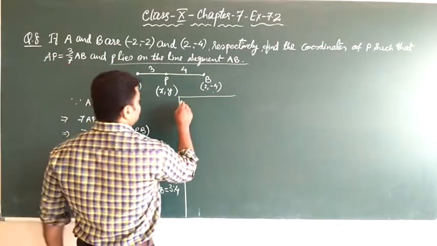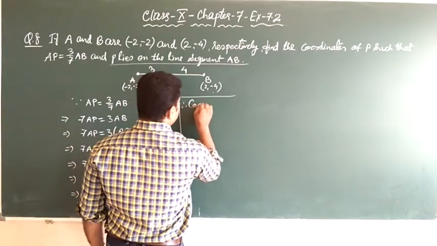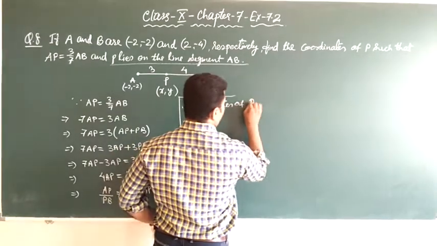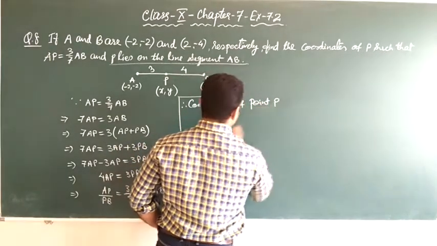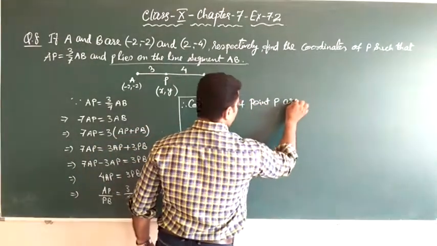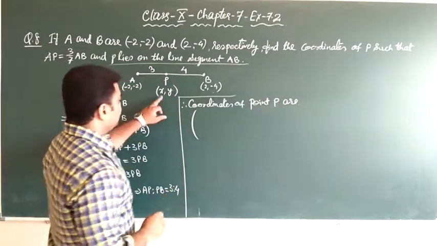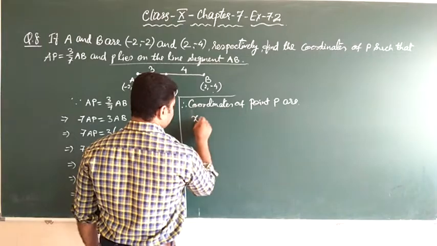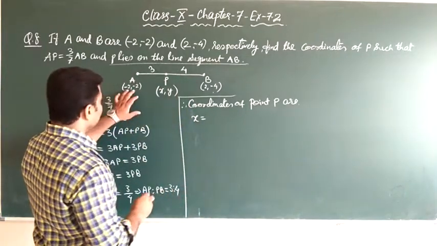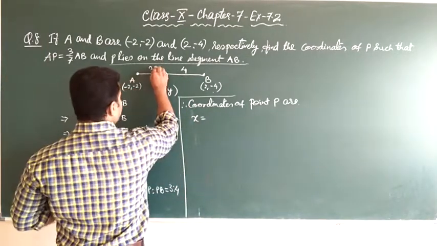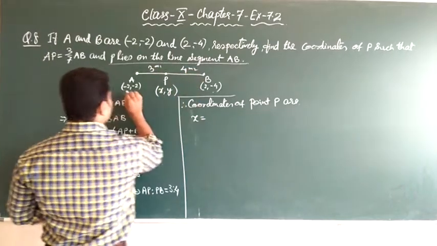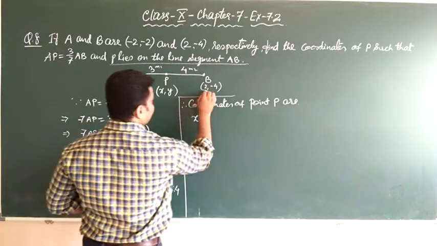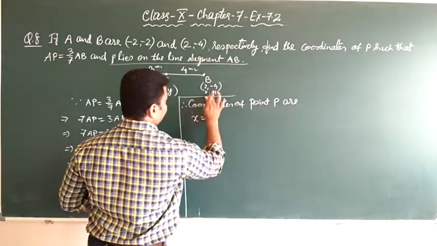Now we have to find the coordinates of point P. So the coordinates of point P are x is equal to, here it is m1, m2, x1, x2, y1, y2.